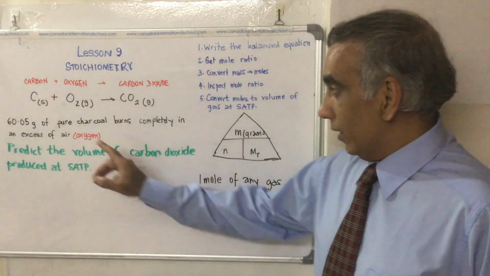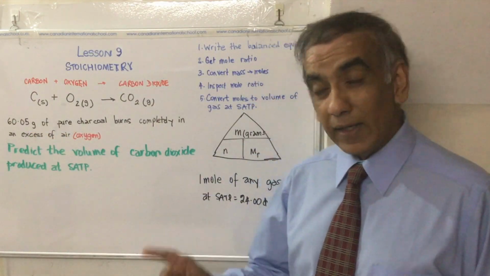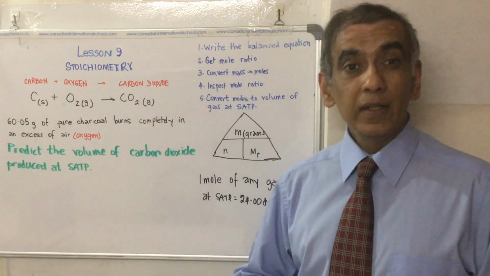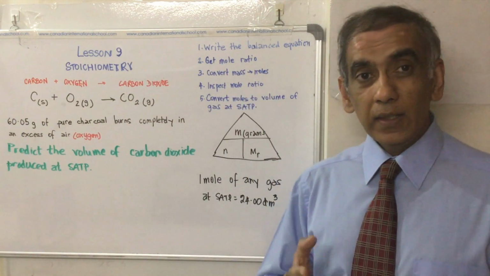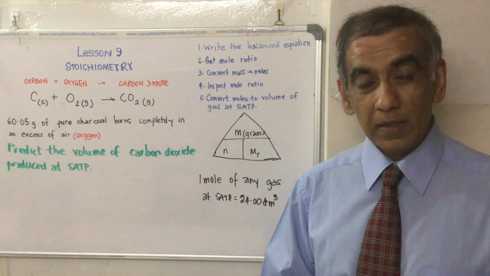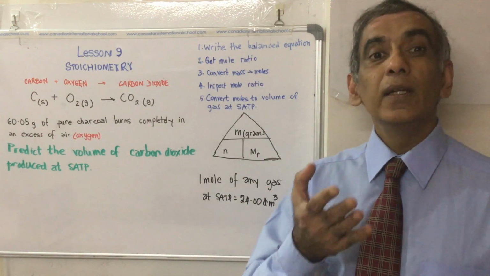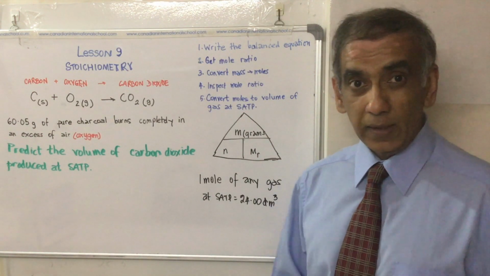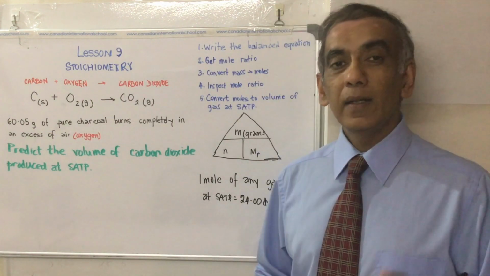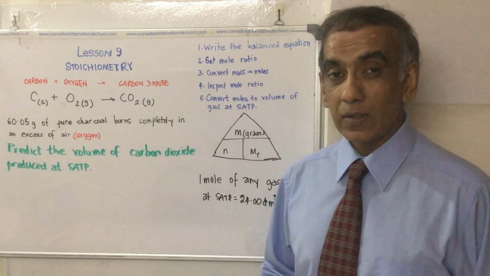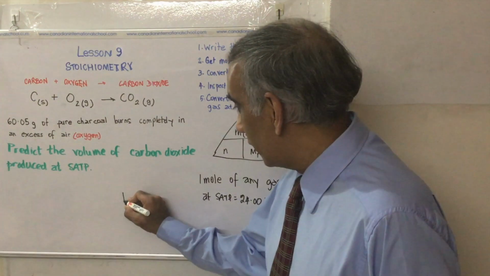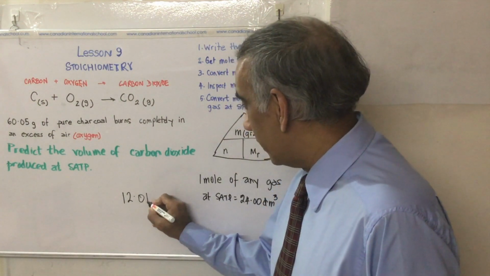Looking at the question, we see 60.05 grams of carbon. The first thing we need to do is to convert those 60.05 grams of carbon into moles of carbon. And we go to the periodic table and we see that the relative atomic mass of carbon is 12.01.